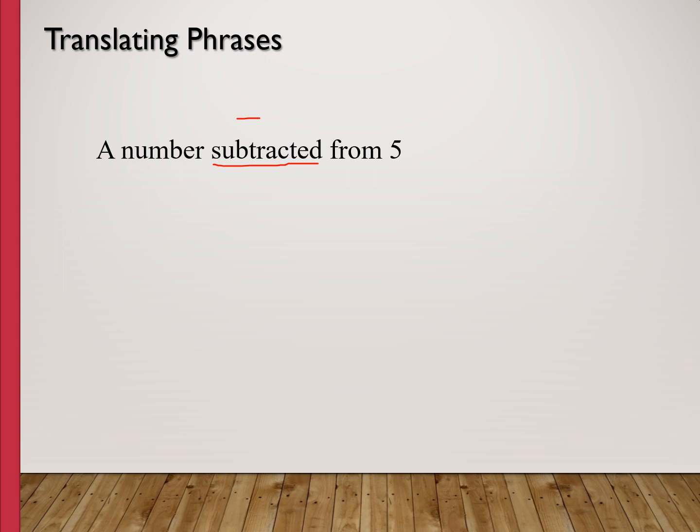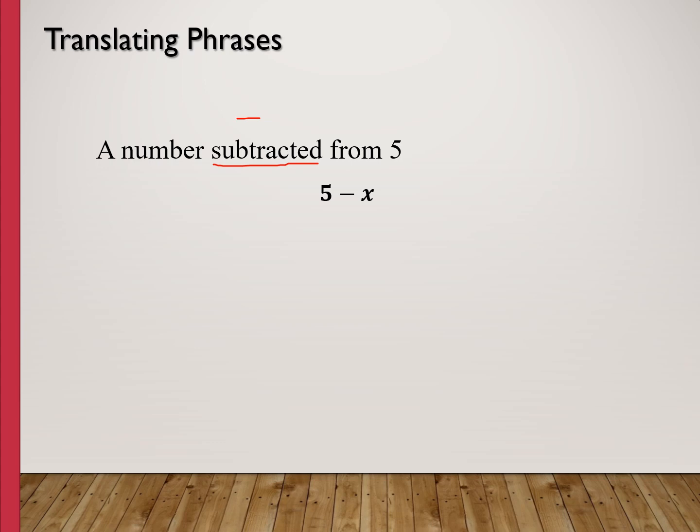Now, how are we going to write that? So, you are going to write that into this form. Yung number daw, hindi natin alam yung number, that's why we use x na variable. Sinubtract daw natin sa 5. Subtracted from. Sinubtract sa 5.